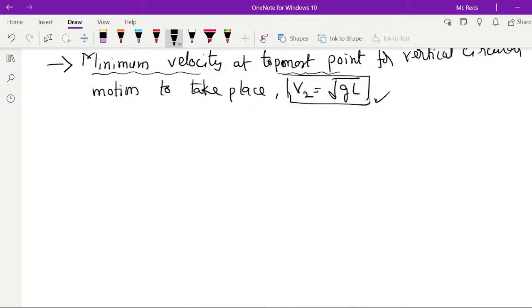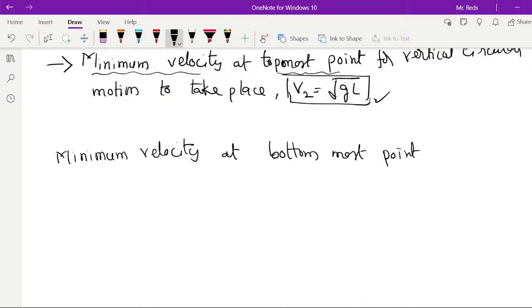Whereas the minimum velocity, or you can say the critical velocity, at the bottommost point: minimum velocity at the bottommost point for vertical circular motion to take place.